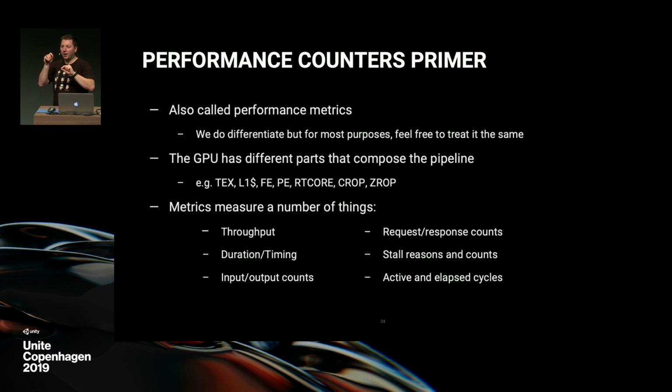So you want to be able to have metrics that you can grab that tell you the state of those specific hardware units at any given time. So these metrics, they just measure a certain number of things: throughput, the duration and timing, input-output counts. So you fed this many vertices and this many were actually transformed. Request response counts, stall reasons and those counts of those, and active and elapsed counts as well, or cycles.